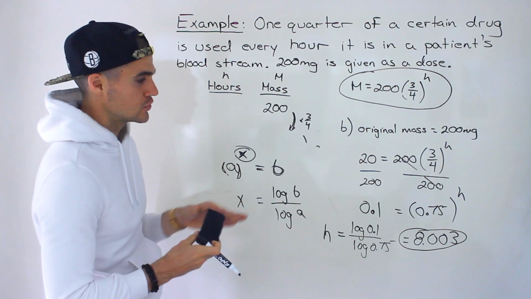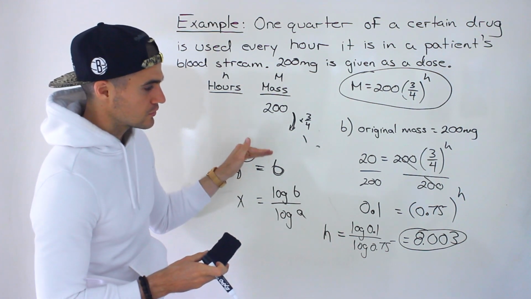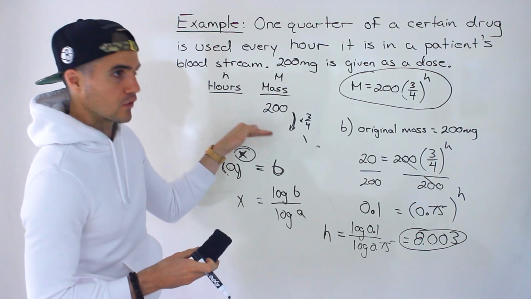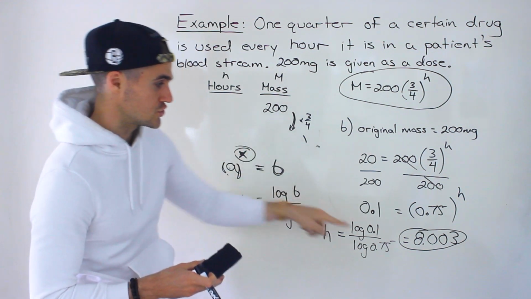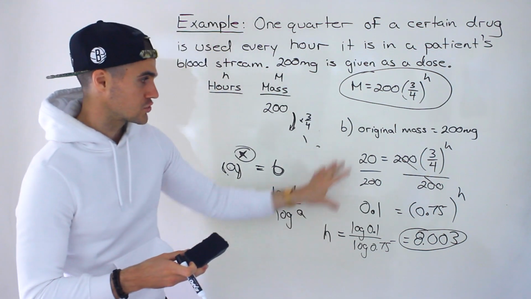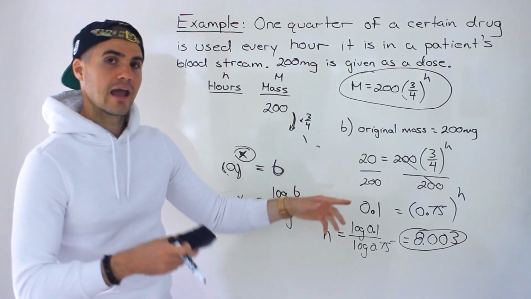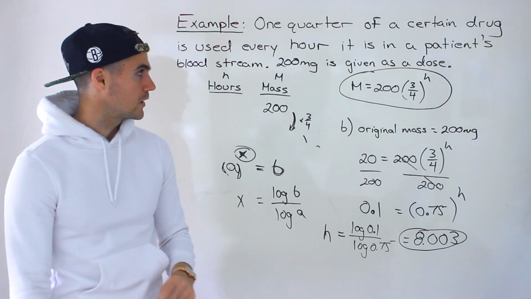Then when you're doing your trial and error, you don't have to waste time trying 4, 5, 6, etc. You could go straight to 8, make sure that it works, then try 9, make sure that it's less than the 20, and then you can answer the question quicker.